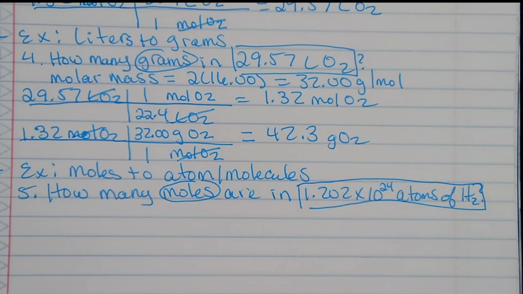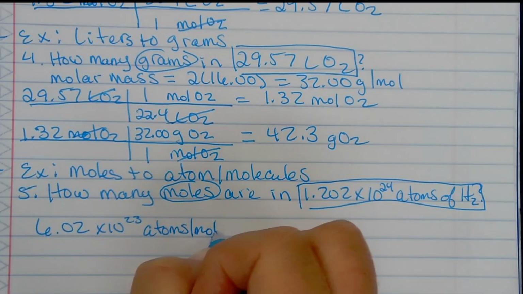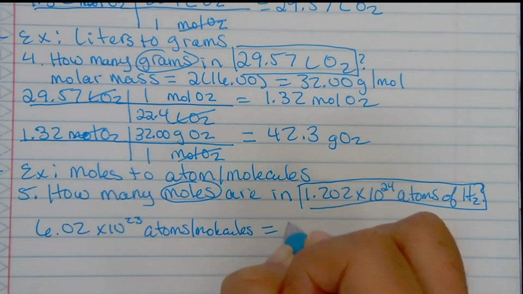Only if you have grams in your circle or your box are you going to calculate a molar mass, okay? So remember, the conversion here is there's 6.02 times 10 to the 23rd atoms or molecules or whatever they want to call them in 1 mole, okay?